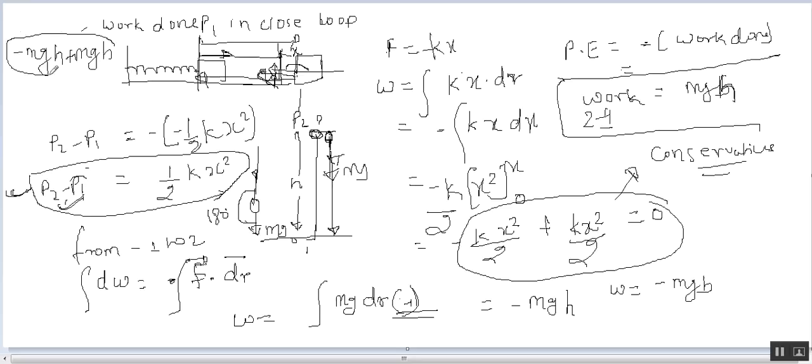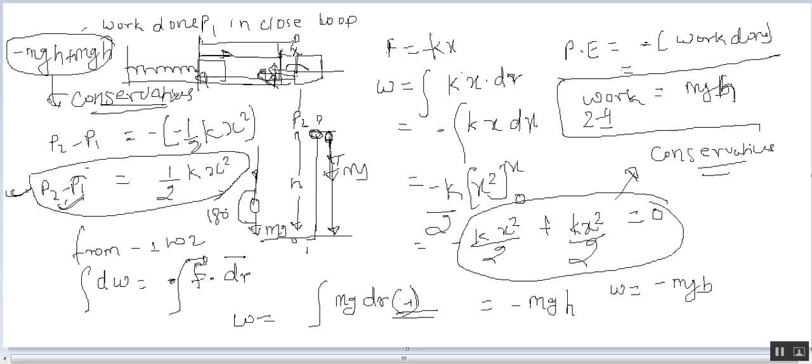So this is a conservative force. Again, gravitational force is conservative. Now, if gravitational force is conservative, then potential energy will be associated with this force.